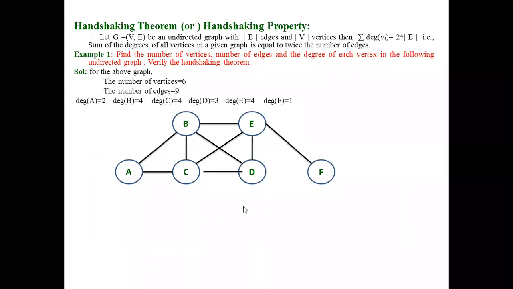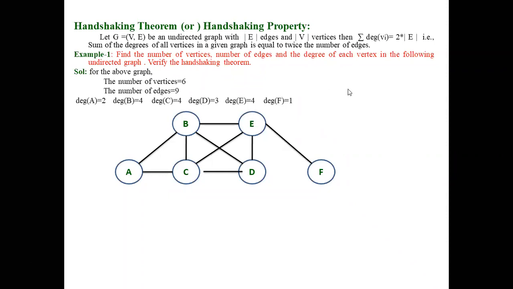So next one, handshaking theorem or handshaking property. Let G = (V, E) be an undirected graph with |E| edges and |V| vertices. So number of edges and number of vertices.